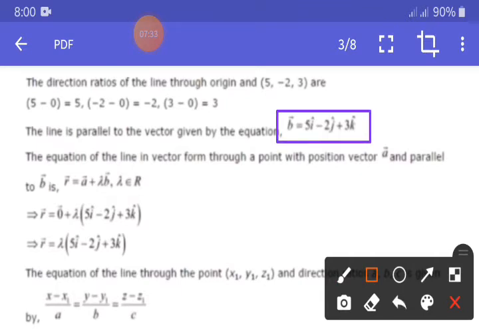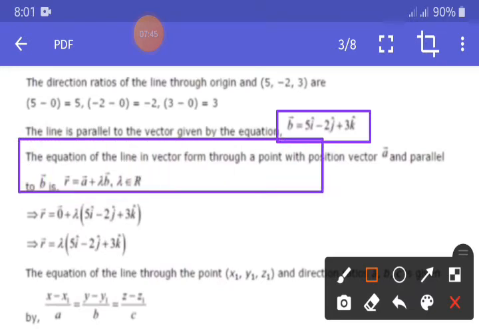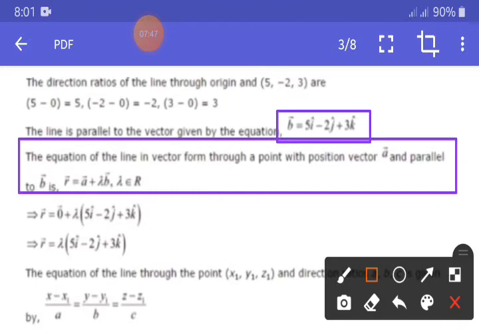The equation of the line in vector form through a point with position vector a and parallel to vector b is r = a + lambda b, where lambda belongs to R. Here a is the zero vector because the line passes through the origin.